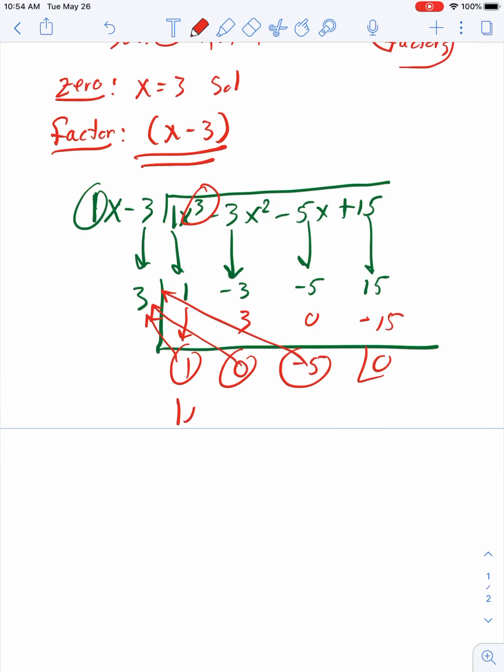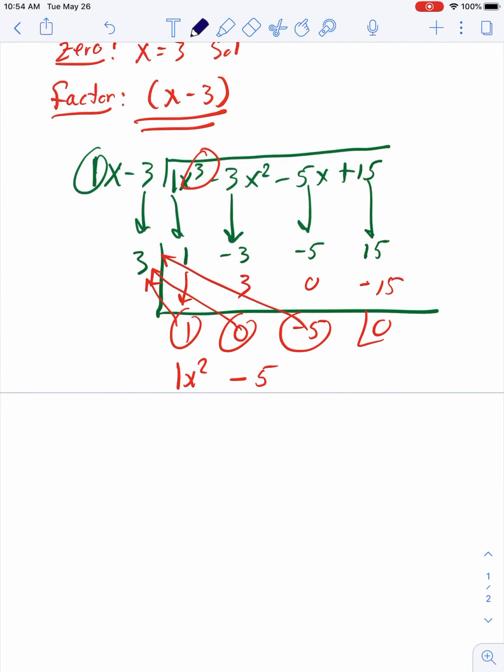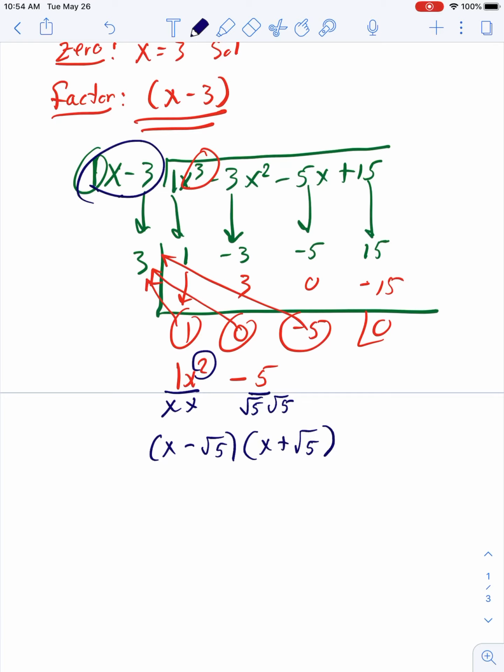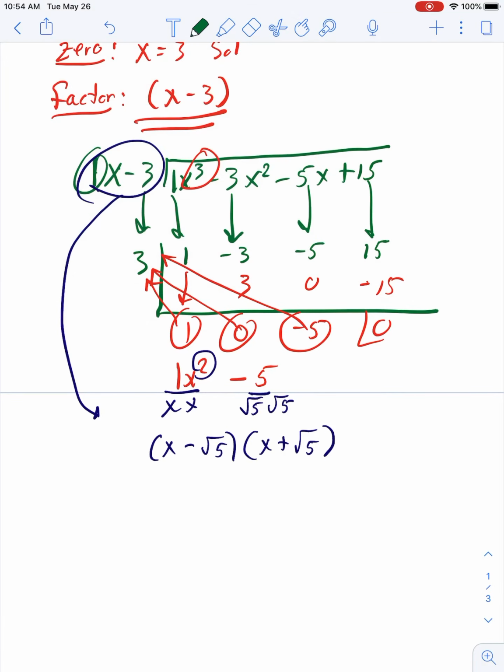Now we have one less x. We divide it out. So now we have 1x squared minus 5. So we got 2 more to go. Because my power says this, so this is x and x, root 5 and root 5, and therefore I have x minus root 5 and x plus root 5. Now don't forget the other factor up here.